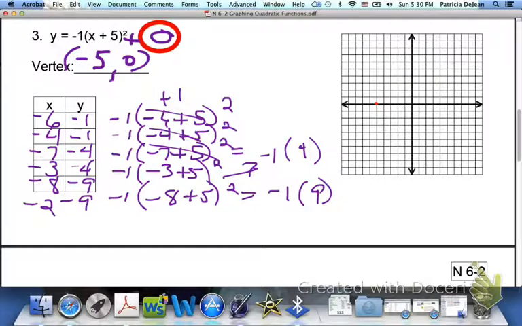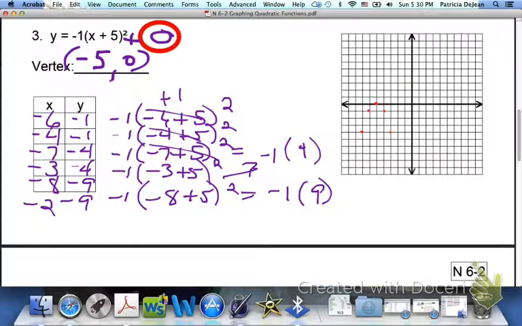So let's go ahead and plot some of these points. We have the negative 6, 1. And we have the negative 4, 1. Okay. Then at negative 7, we went to negative 4. And at negative 3, we went to negative 4.